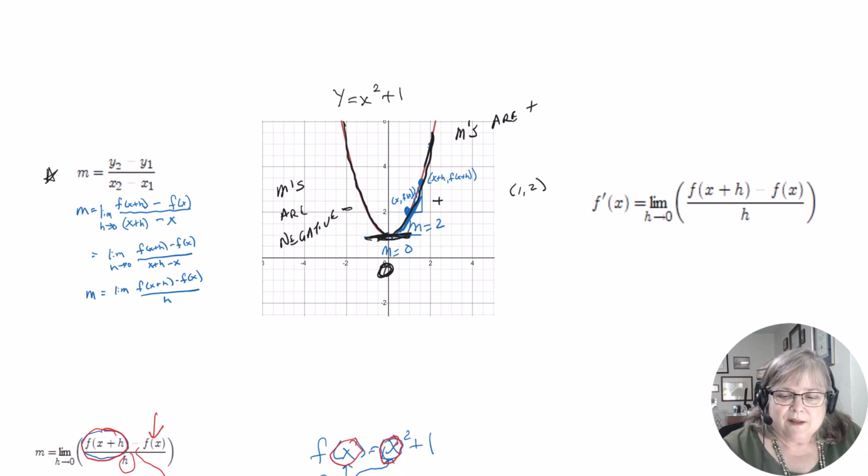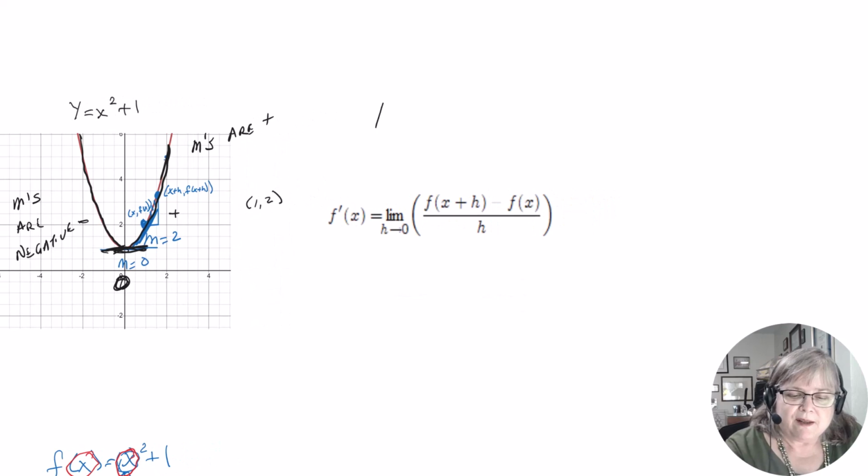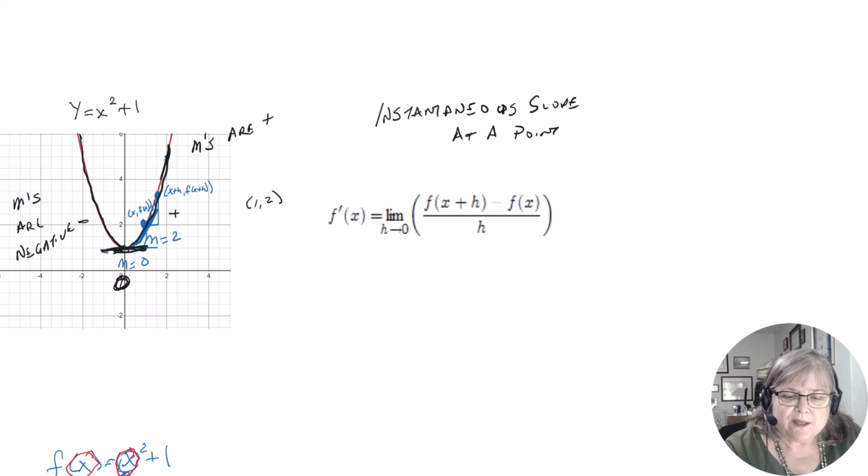Okay? So what they have decided to do is to say the instantaneous slope at a point for a function is this limit as h goes to 0 of f of x plus h minus f of x over h, and instead of calling it m, they're going to call it this f with this little dash right here.